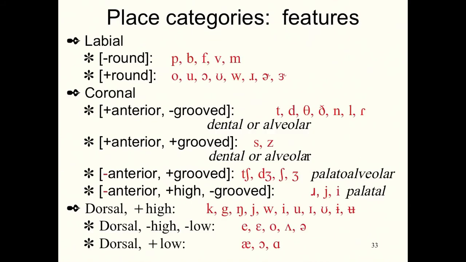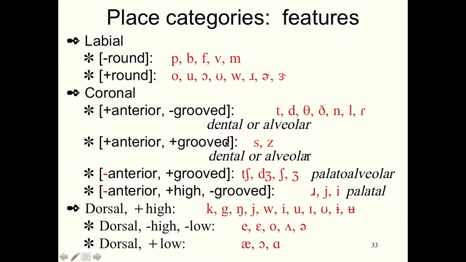Place features correspond to the place categories that we already talked about. So you have labial with plus and minus round, also plus and minus labiodental, not on this slide. For coronal, we differentiate between plus anterior and minus anterior, and whether or not the tongue is in a grooved shape.